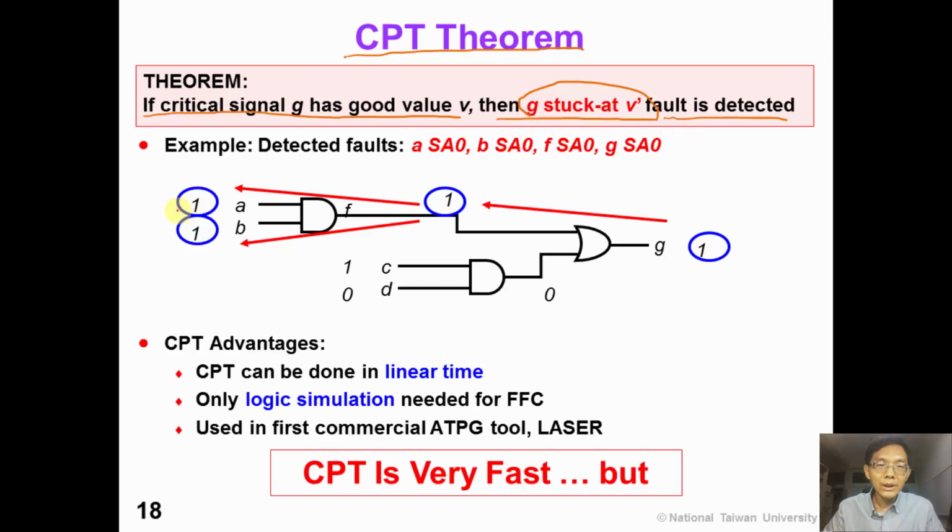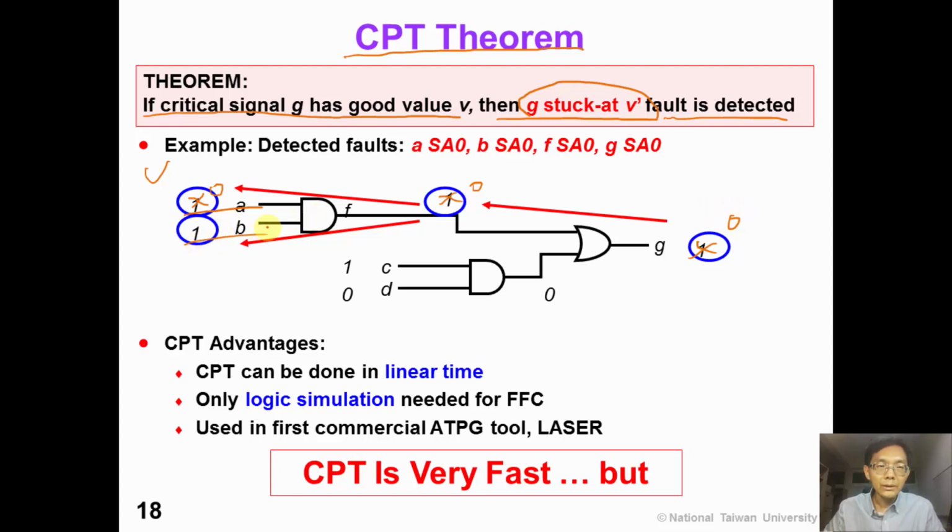Given this same circuit and the same pattern, we can say that A stuck at 0 is detected. If we flip the value of A, since it is a critical signal, the output will be changed to 0.